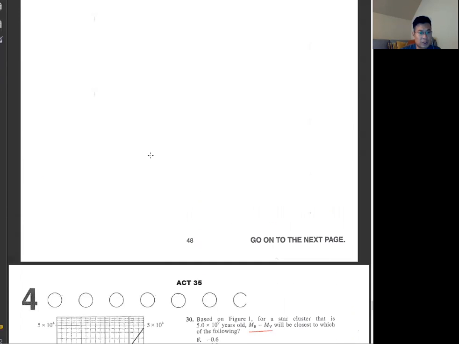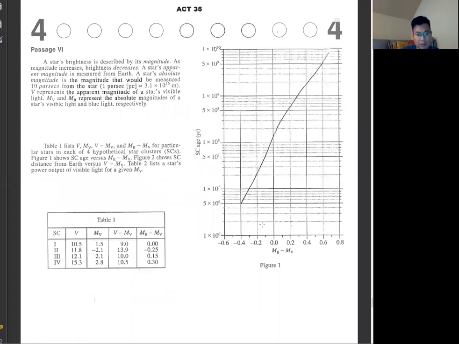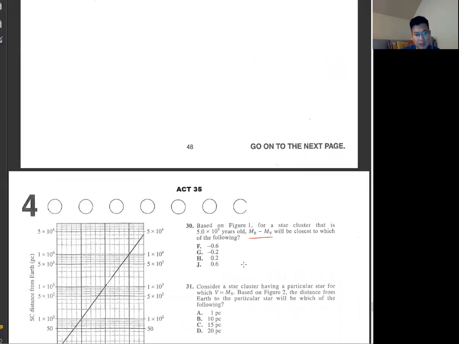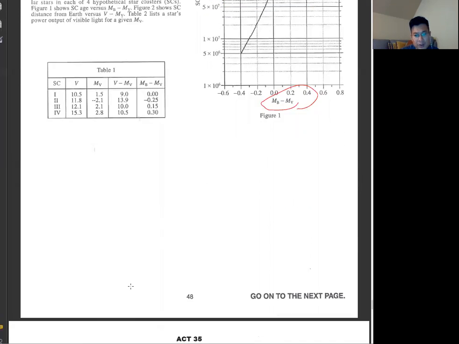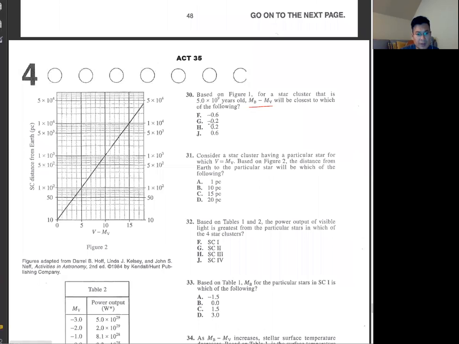So you go to figure 1, and MB minus MV is the x-axis. The question says 5 times 10 to the 9, and 10 to the 9 is here. So you draw a line like this, which lands around this area. So 0.6, so it's J.